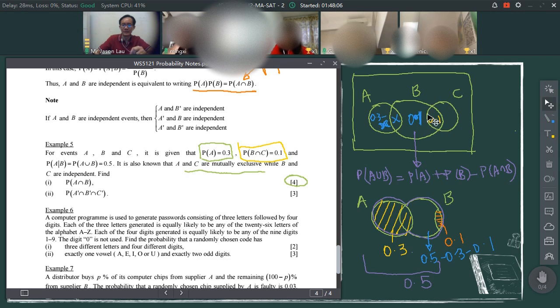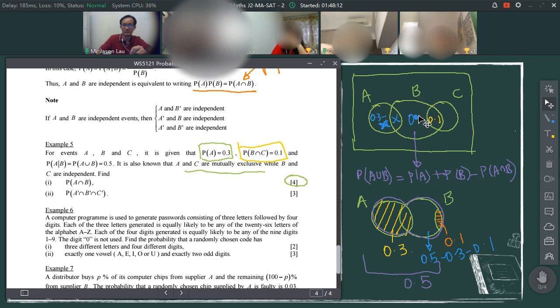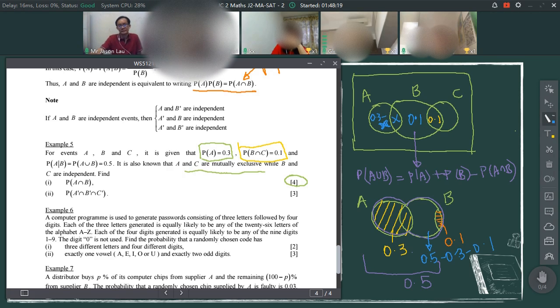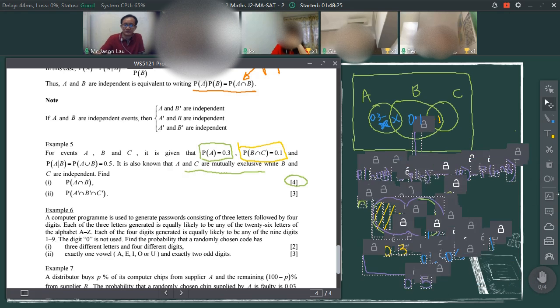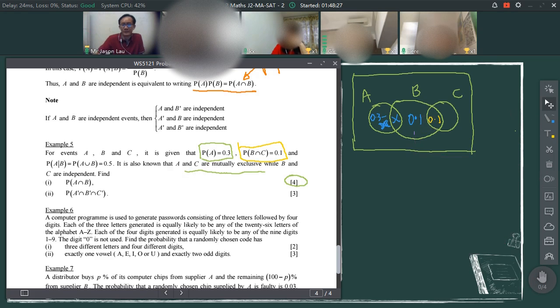Then how do I get A intersect B in this case? You find X. I know how to find X. It's a Venn diagram problem.